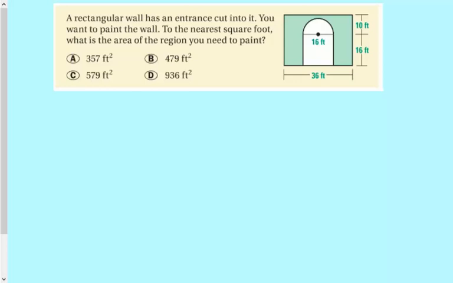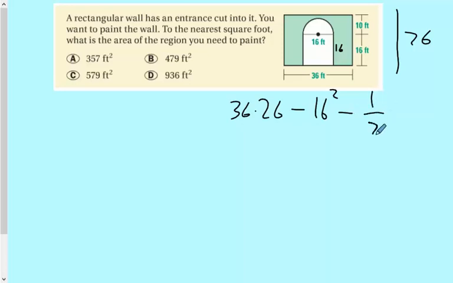A rectangular wall has an entrance. You want to paint the wall to the nearest square foot. What is the area of the region? Here, I have 36 times 26. This is the area of the full wall, but I'm going to subtract a few pieces. We have a square, 16 by 16, so I'm going to subtract a square there, and then I'm going to subtract half of a circle, or a semicircle.